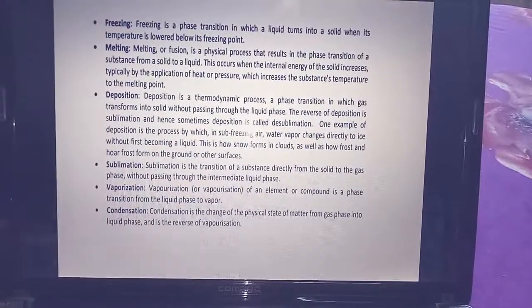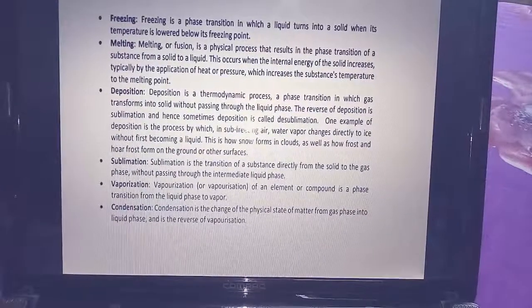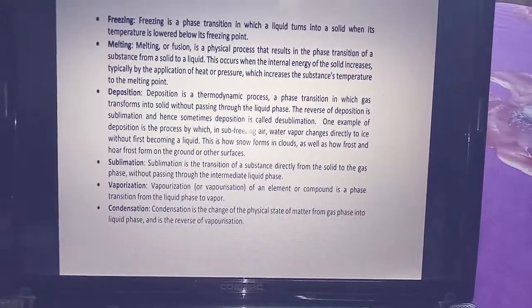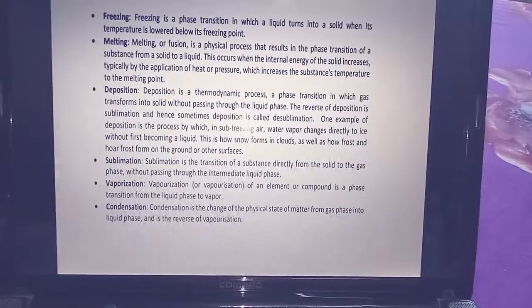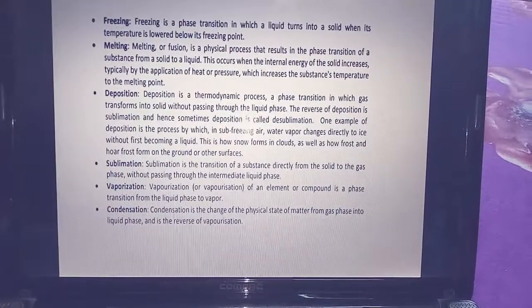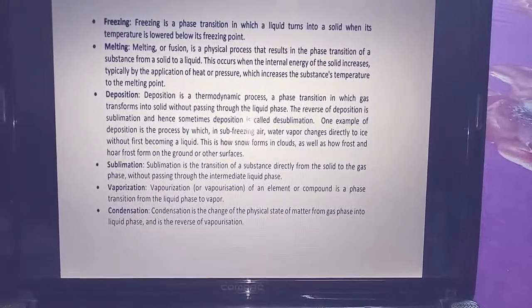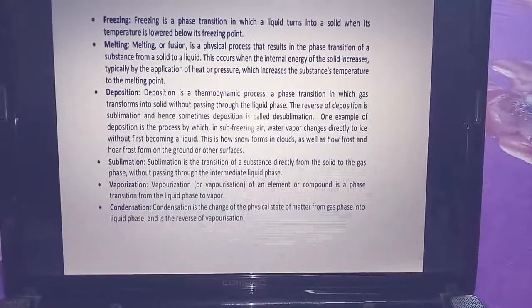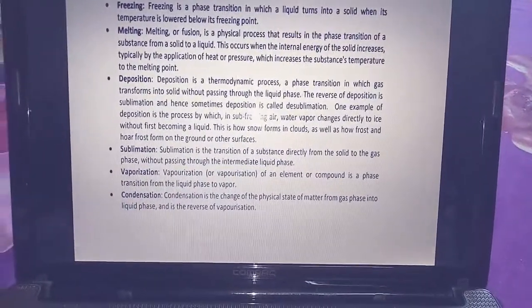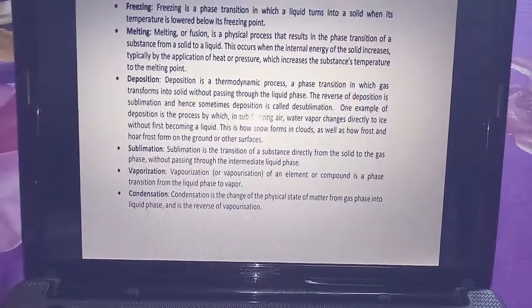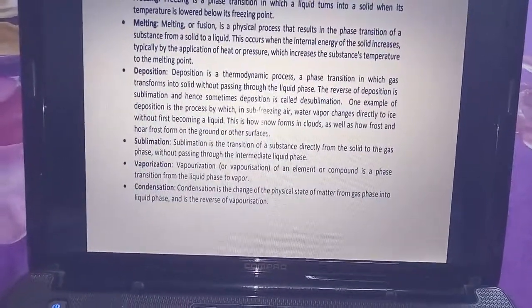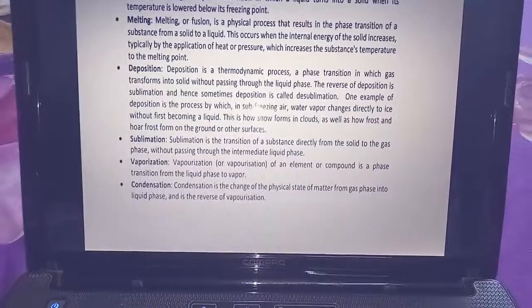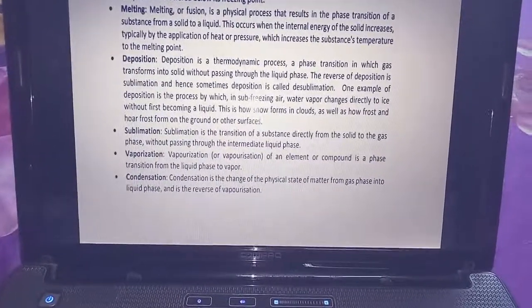Now next is vaporization. Vaporization of an element or compound is a phase transition from the liquid phase to the vapor phase. Means when the substance is converted from the liquid phase to the gaseous or vaporous phase, this process is called vaporization. Next is condensation.